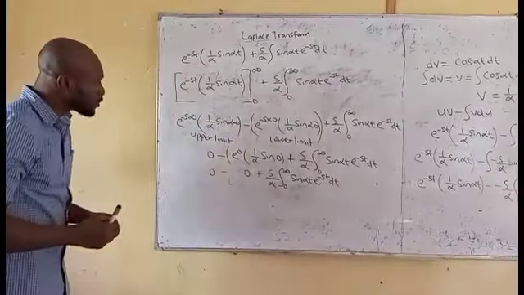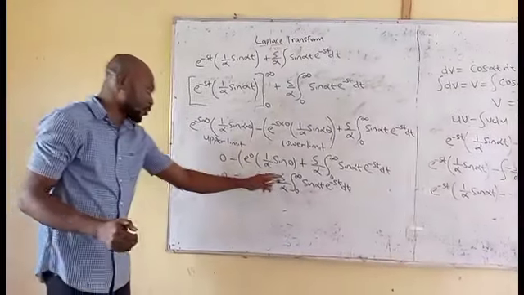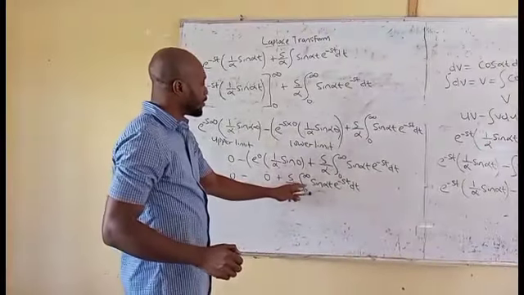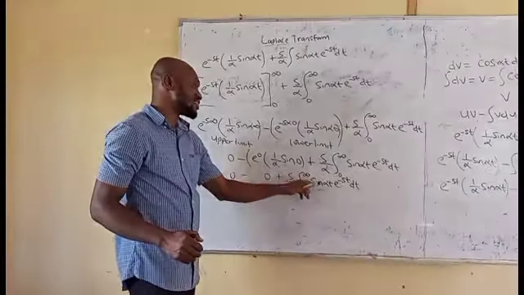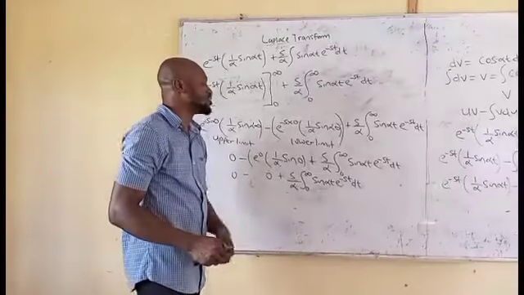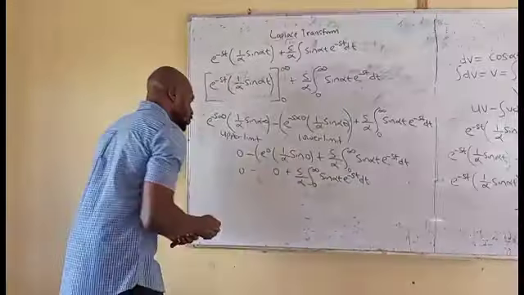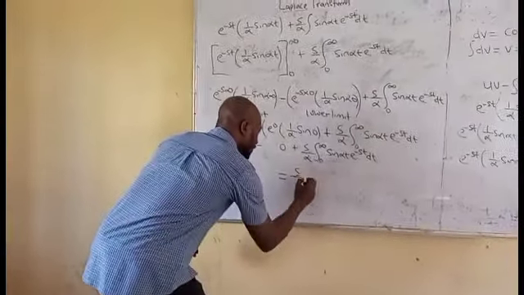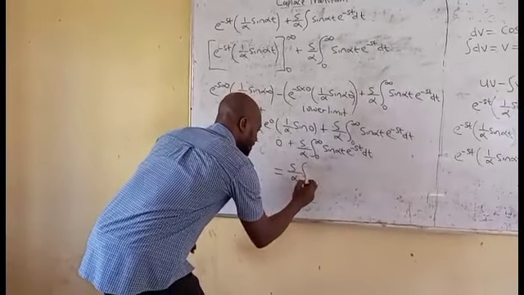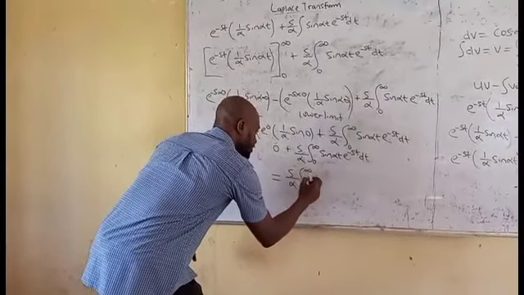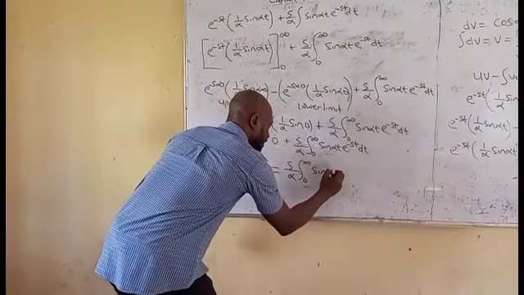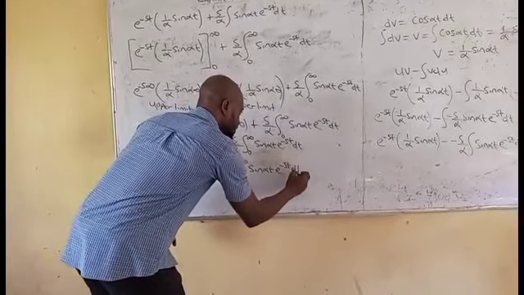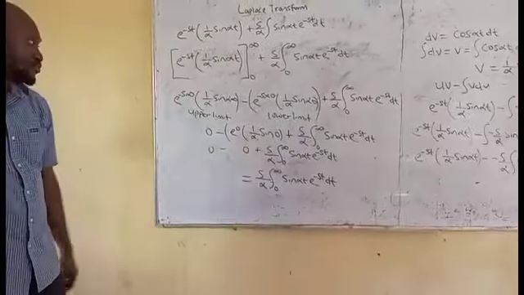So the upper limit is 0, the lower limit is 0, plus x over alpha, the integral from 0 to infinity of sine alpha t exponential minus st dt. So 0 minus 0 gives you 0, and finally it will still give you x over alpha multiplied by the integral from 0 to infinity of sine alpha t multiplied by exponential minus st dt.